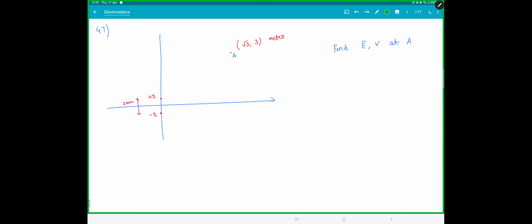Four q by root 3. Okay. Try. I'll give you a minute more.